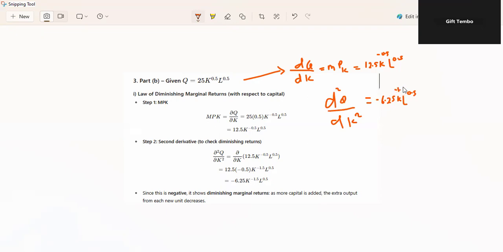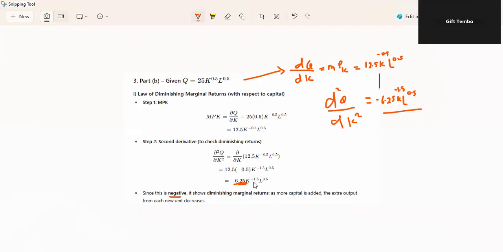So from here, we can comment: does this exhibit the law of diminishing returns? Since there's a negative here on this coefficient, it shows that diminishing returns exist. As more capital is added, with a negative exponent here, the extra output from each unit of capital will decrease.